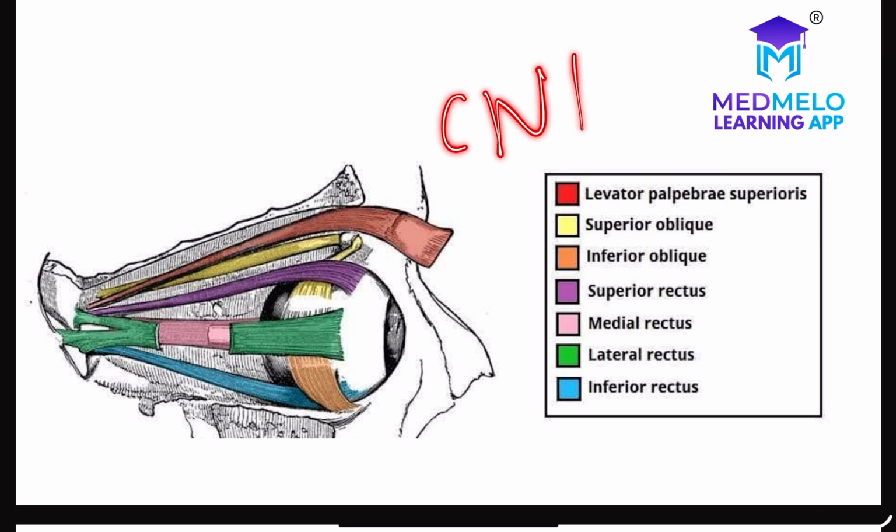cranial nerve 3. That is the oculomotor nerve supplies all the extraocular muscles like levator palpebrae superioris, the inferior oblique, the superior rectus, the medial rectus, and the inferior rectus.